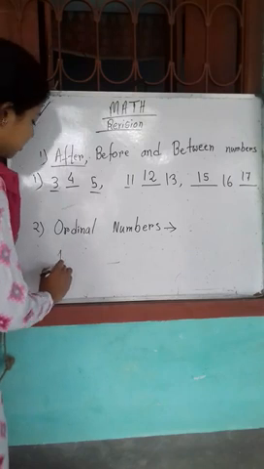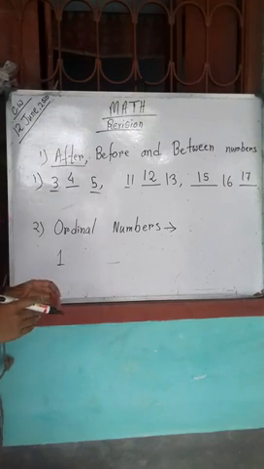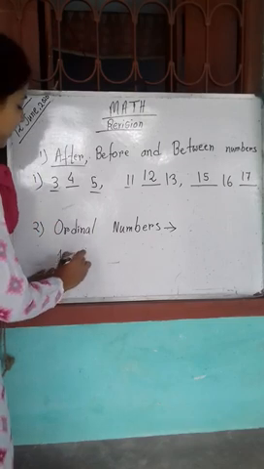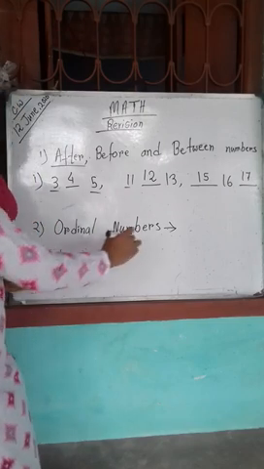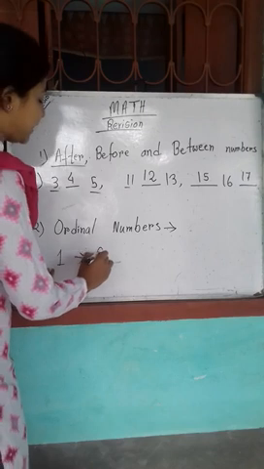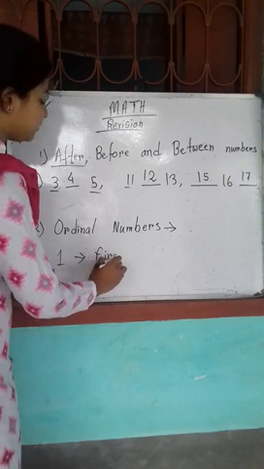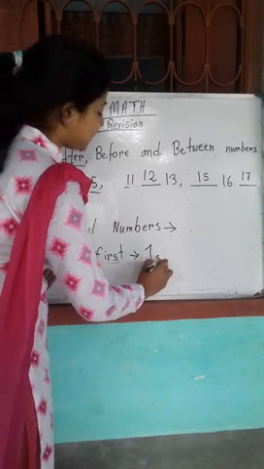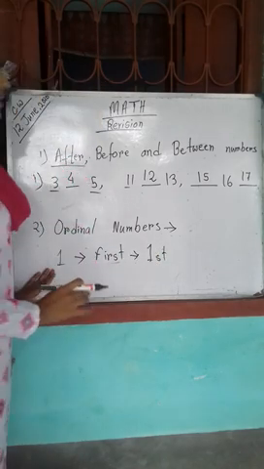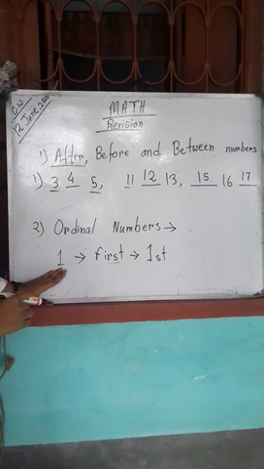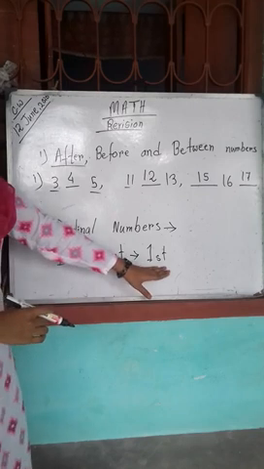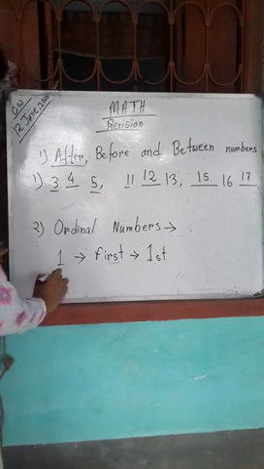That means when we are writing numbers, we will write 1. But if they ask for ordinal numbers, then you have to write first. You can write this as 1 and ST. This is how you can write this number. We will say it first and we will write it 1st.